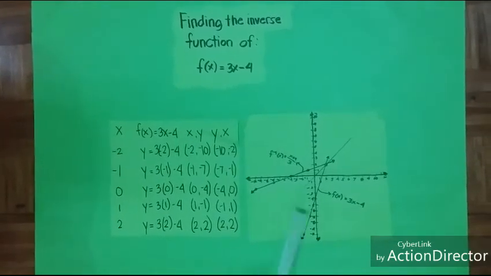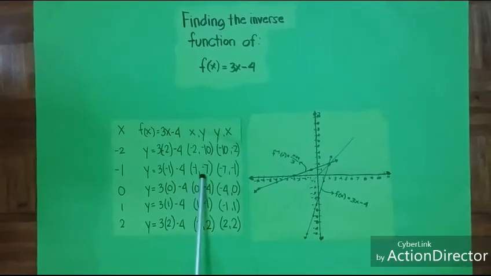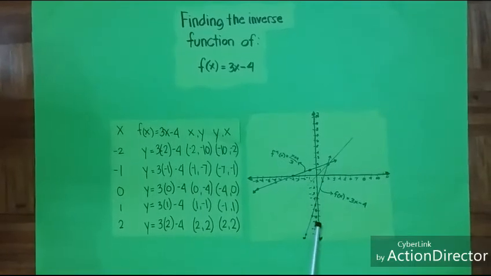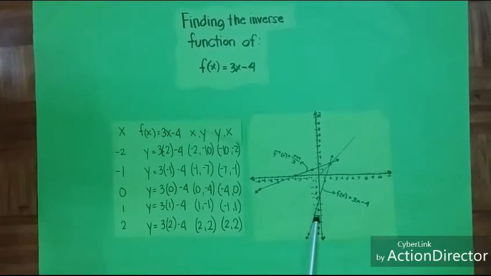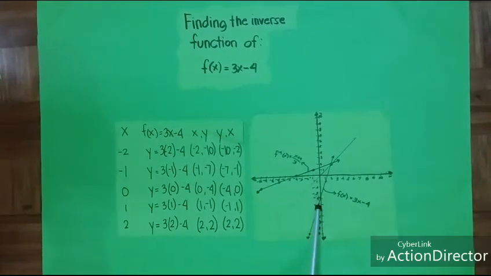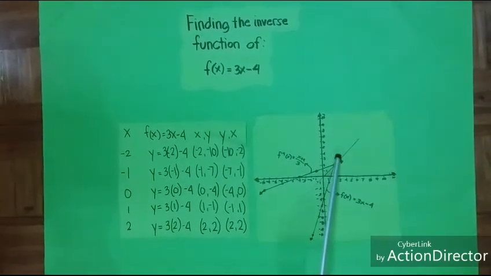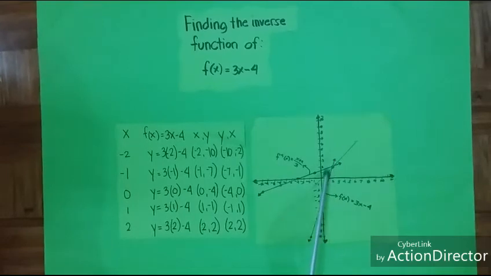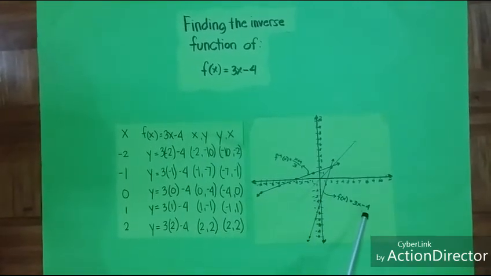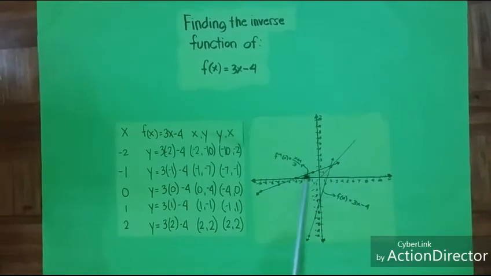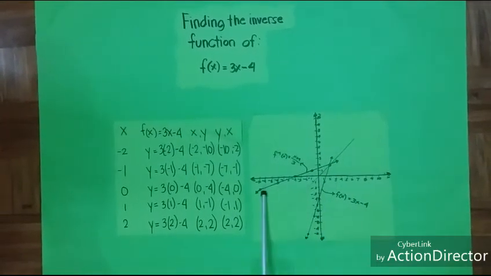The same procedure follows for negative 1 and negative 7. So here it is, negative 1 and negative 7, and then 0 and negative 4. So ladies and gentlemen, this is the graph of the function f of x is equal to 3x minus 4. Its inverse, as you can see, is situated here.